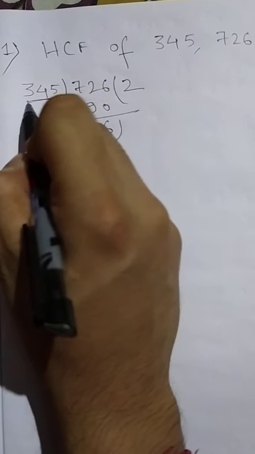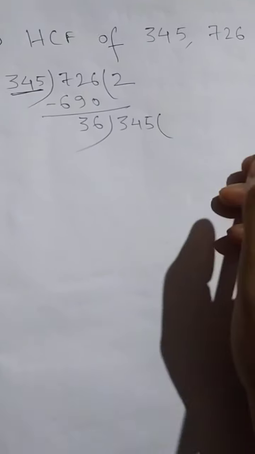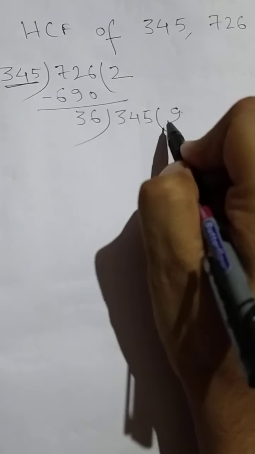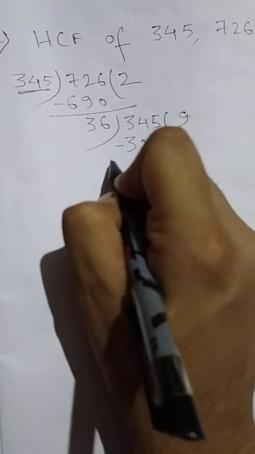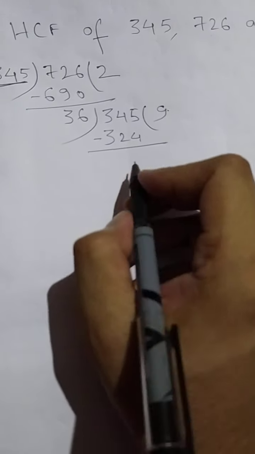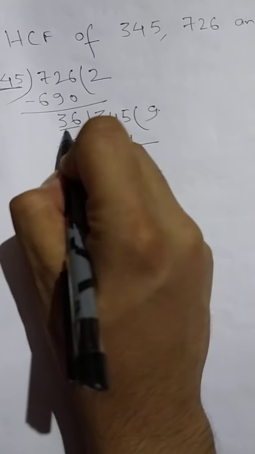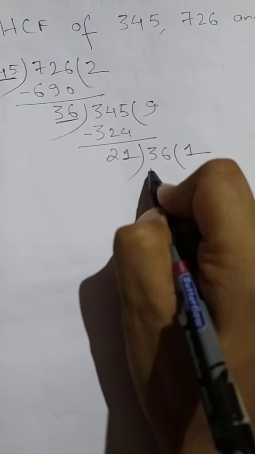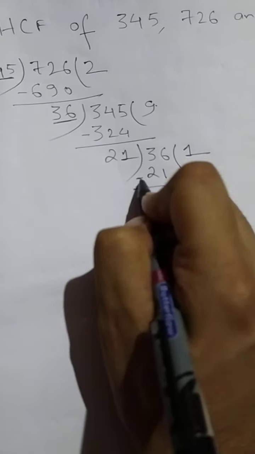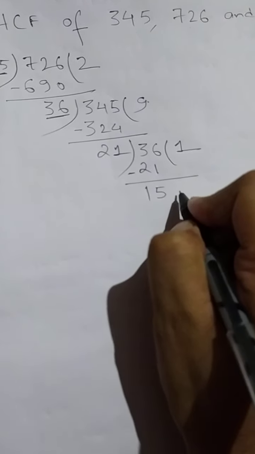You will write this 345 here. And again you divide 9 times 36 is 324. Subtract. We will get 21. Now what we will do? This 36 you will write here. 1 time 21. If you subtract, you will get 15.